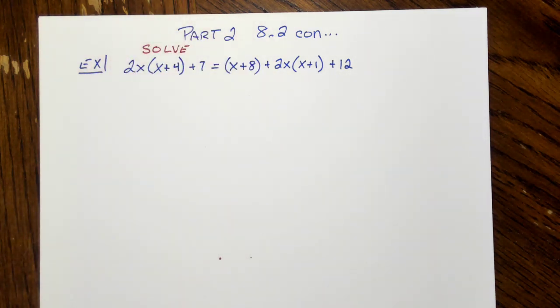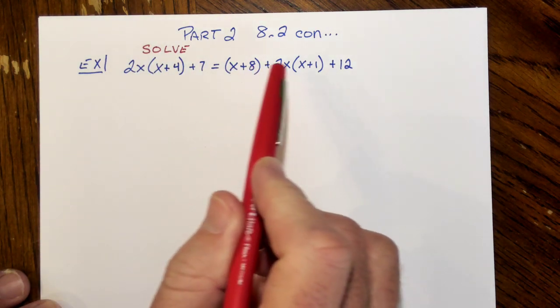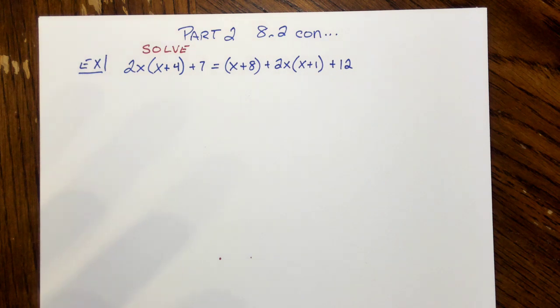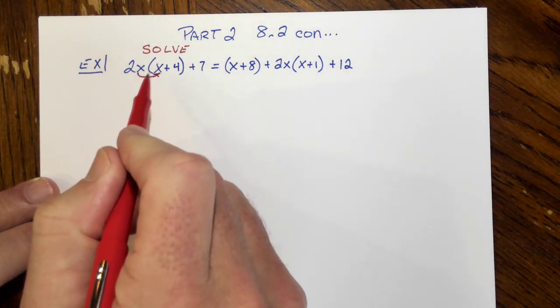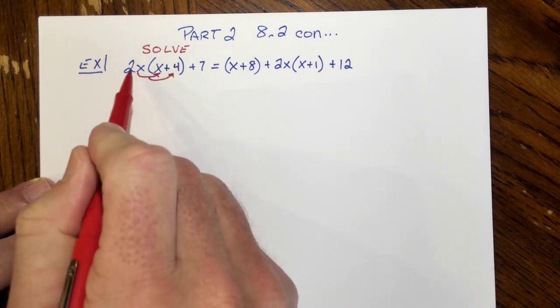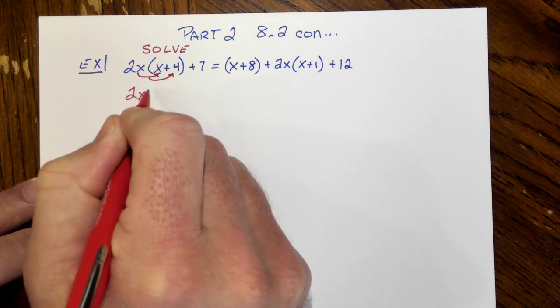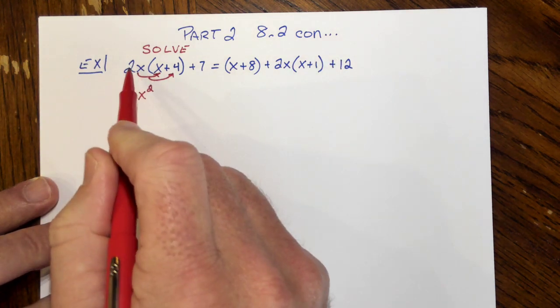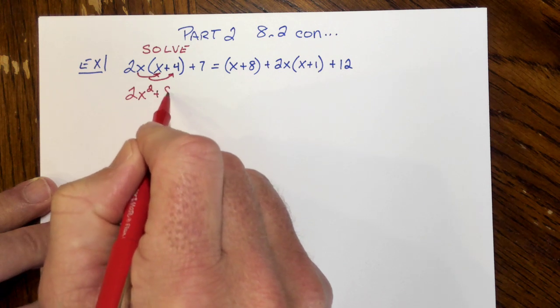So in order to solve, we got variables over here, we got variables over here, over here. They're all over the place. So to solve, first thing is we have to get rid of the grouping symbols the best that we can. Well, how are we going to get rid of these? Distribute. Here, here. 2x times x will give us 2x squared. 2x times 4 will give us plus 8x.